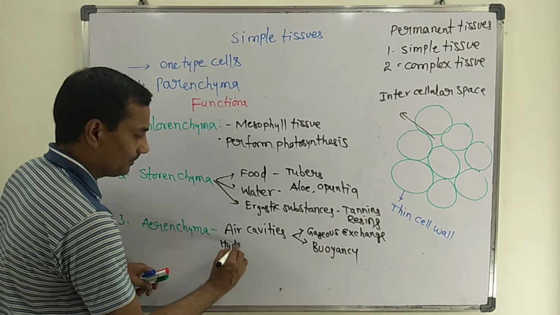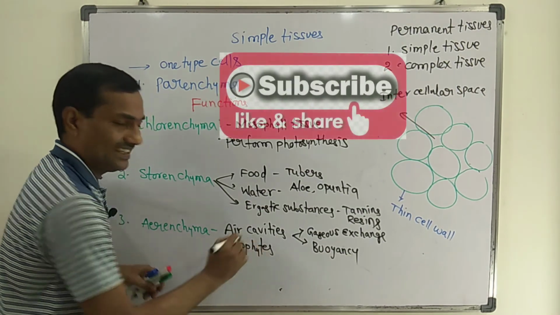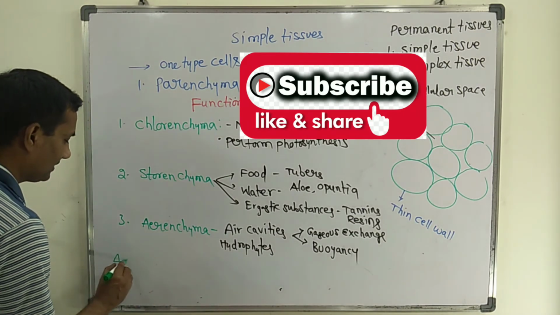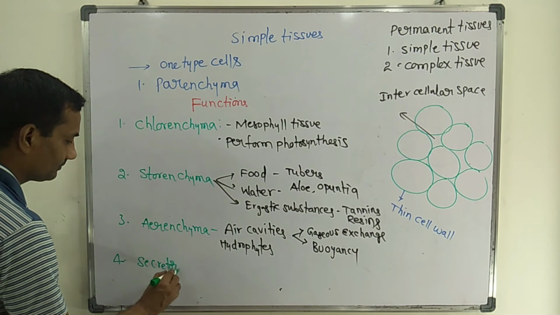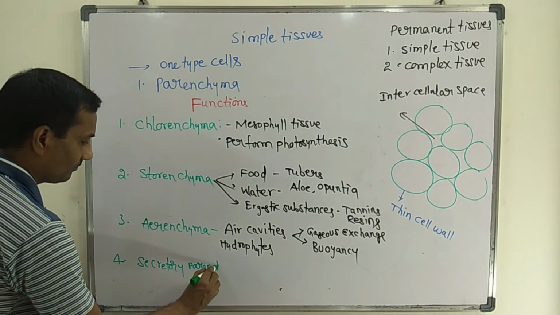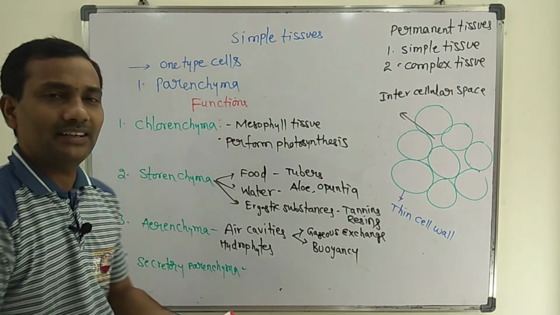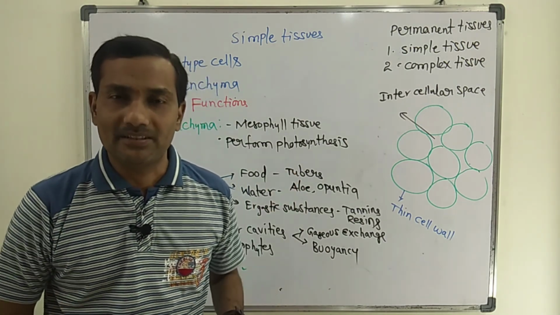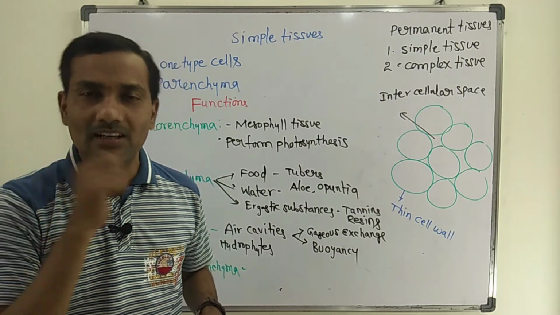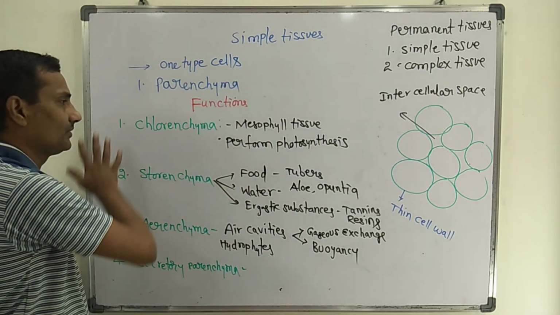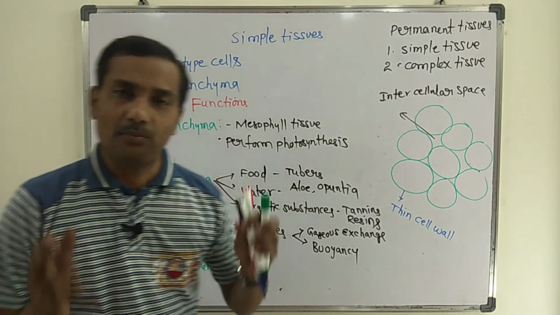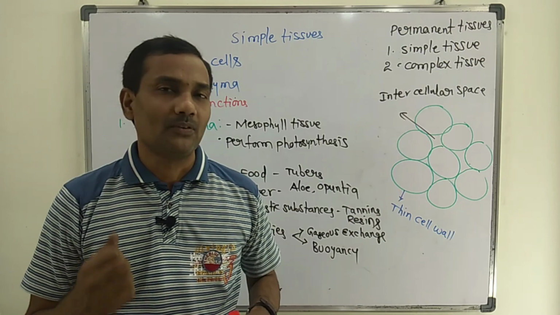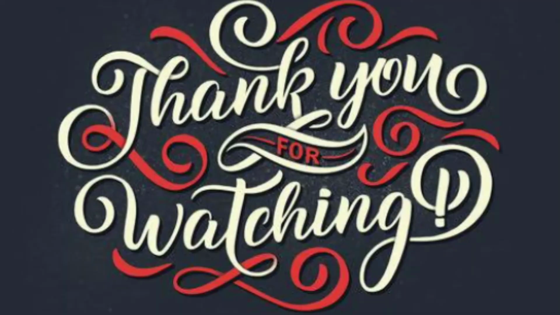You can find this mainly in hydrophytes like Pistia and Eichhornia. The last and final type is secretory parenchyma. Secretory parenchyma secretes various chemicals, depending upon the function of that particular organ. Like this, the various types of parenchymatous tissues found in plants play an important role in performing different functions.